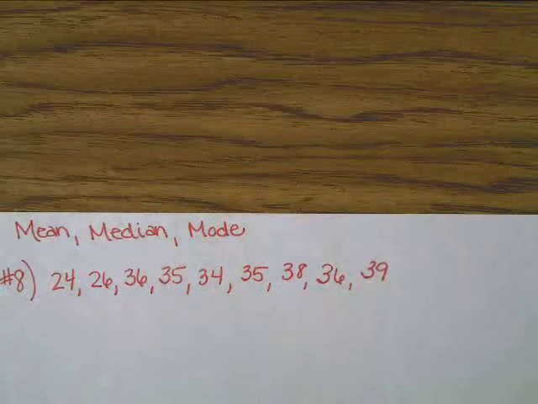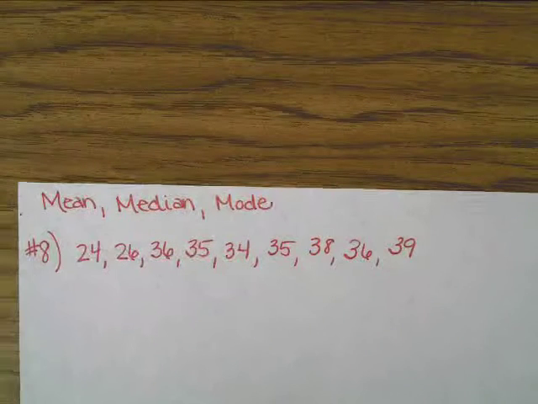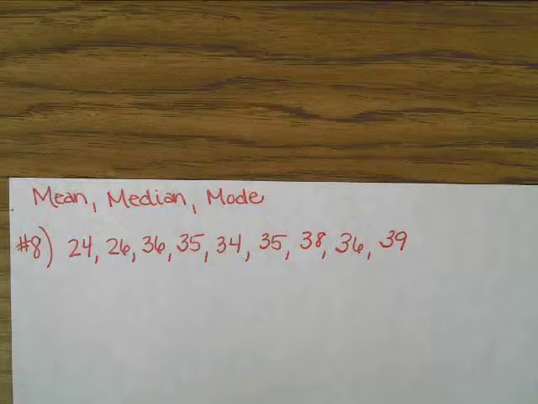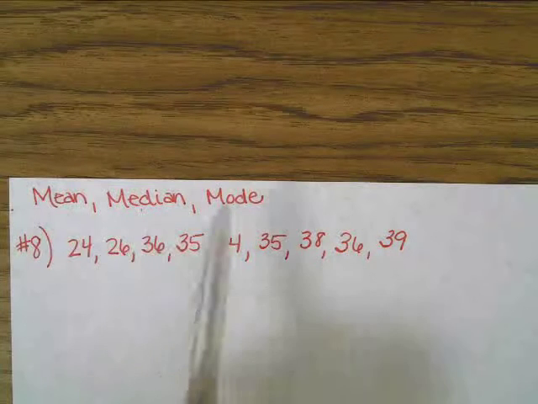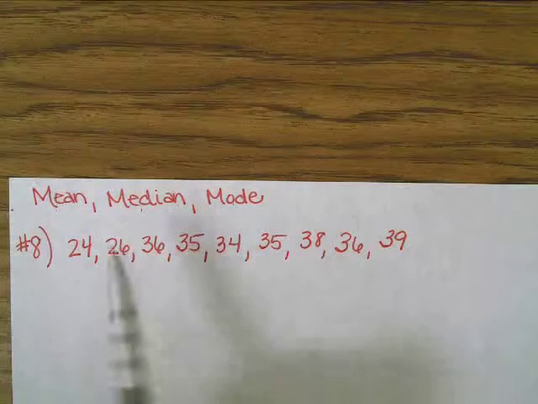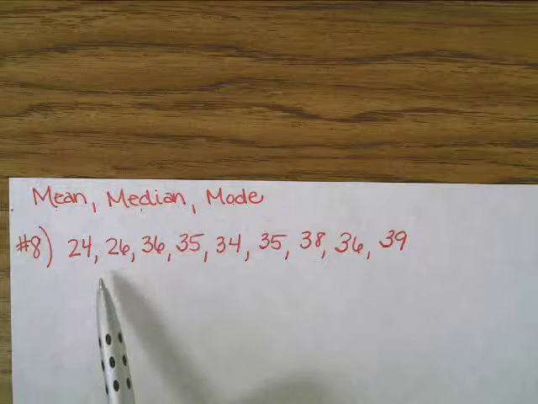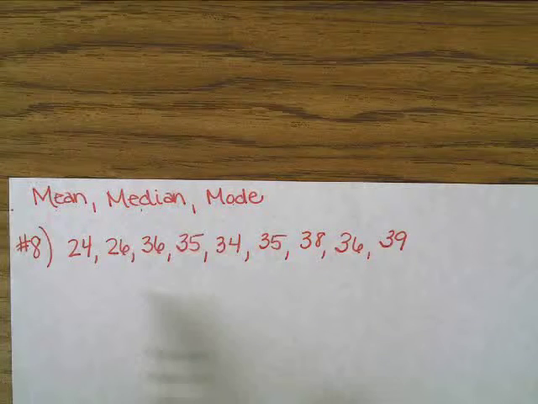All right. The next one you're going to look at is mean, median, and mode, and it's a graph. They want us to identify these 3 things. The best thing to do is reorganize your numbers from lowest to highest.